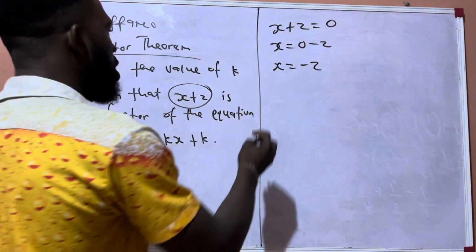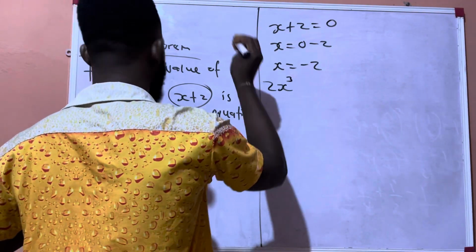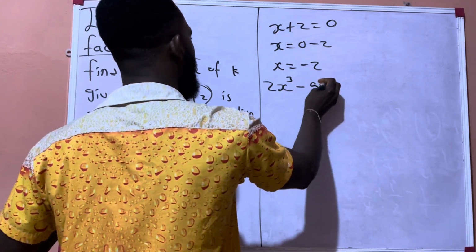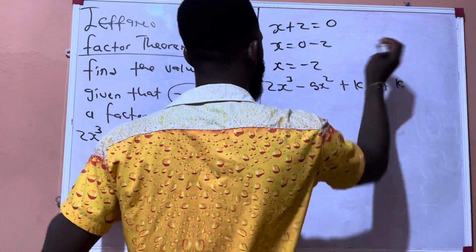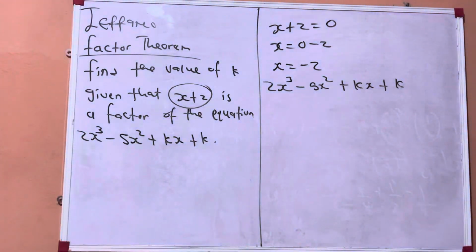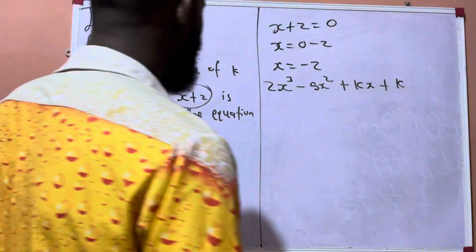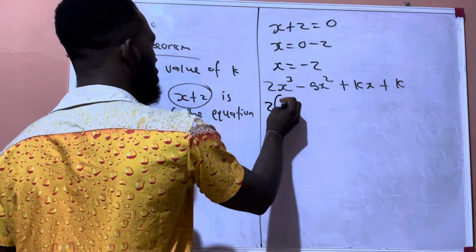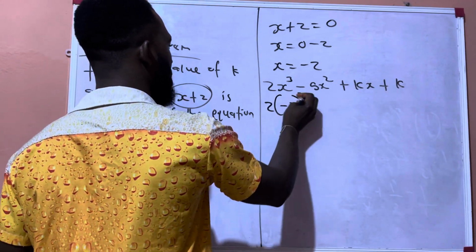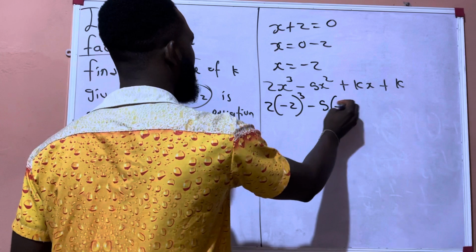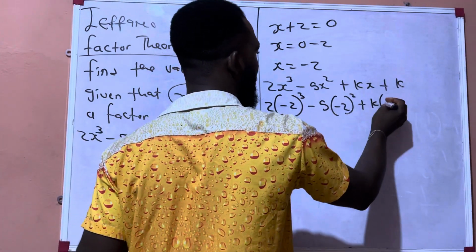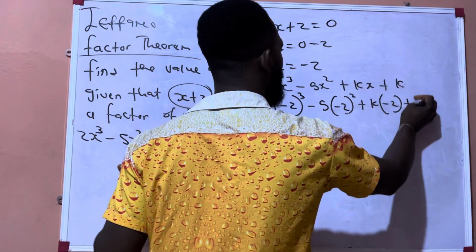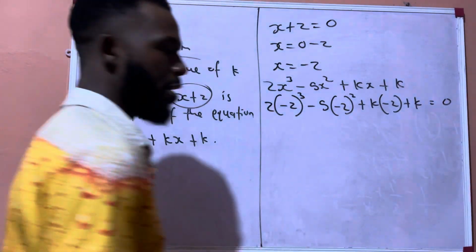The expression was 2x raised to the power 3 minus 5x raised to the power 2 plus kx plus k. Substituting x as minus 2, we get 2 into bracket minus 2 raised to the power 3, minus 5 into bracket minus 2 raised to the power 2, plus k into bracket minus 2, plus k, equal to 0.